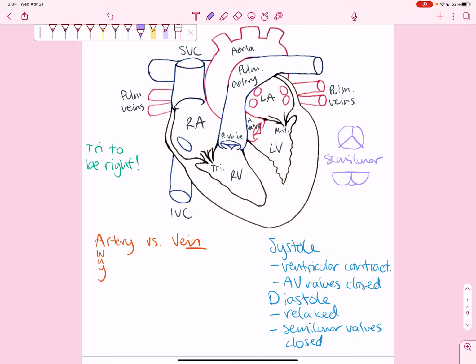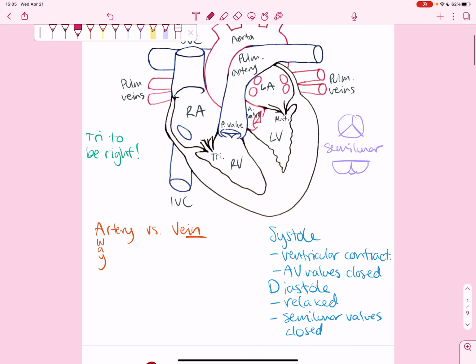All right, one last thing before we move on. We're going to talk about cardiac output real quick. I'm sure we've all seen the equation CO equals HR times SV. So cardiac output equals heart rate times stroke volume.